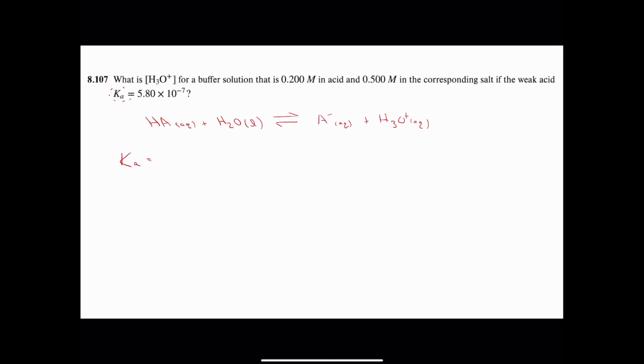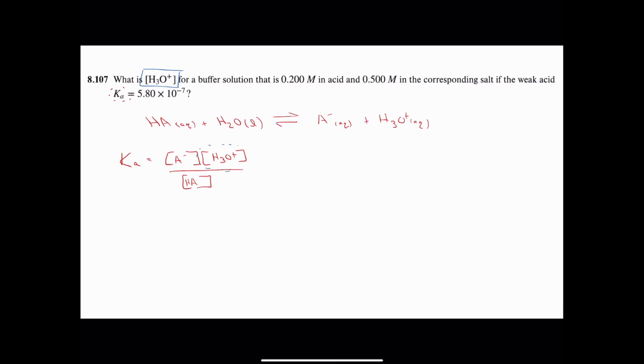Now we're given the Ka, so let us write down an expression for the Ka. And the Ka is going to be equal to the concentration of the conjugate base multiplied by the concentration of hydronium divided by the concentration of the weak acid. Of course, we're going to leave water out because it's a pure liquid. Now, what is the question asking us to do? It's asking us to solve for the concentration of hydronium.